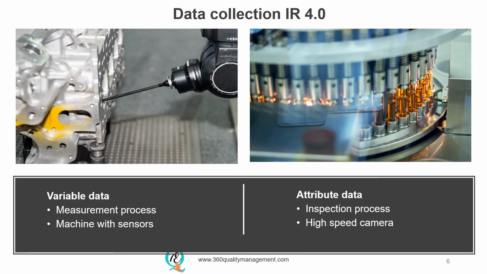where there will be a lot of sensors measuring a key parameter or many key parameters at one time for a variable data collection process. For attribute data, there will be a high-speed camera inspection process that is inspecting the part.